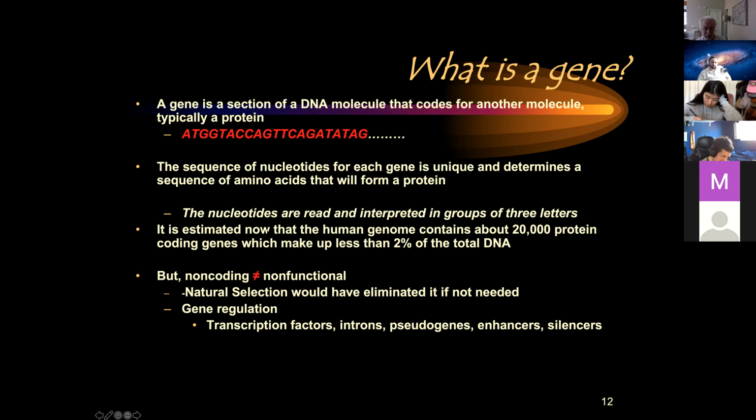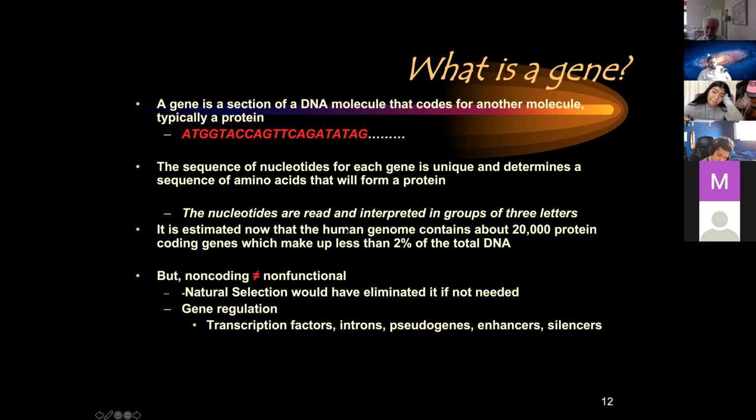And it's estimated now, we know the complete sequence of the human genome. We know that it contains about 20,000 protein coding genes. That makes up less than 2% of the total DNA.